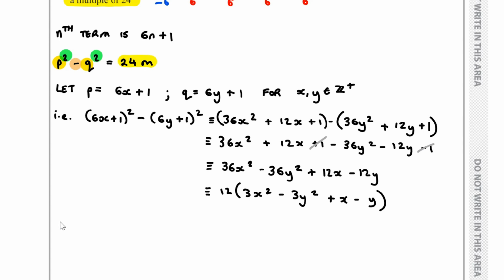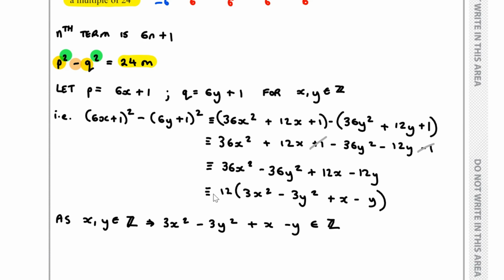Well, as x and y belong to a set of integers, it follows that 3x squared minus 3y squared plus x minus y also belongs to a set of integers.